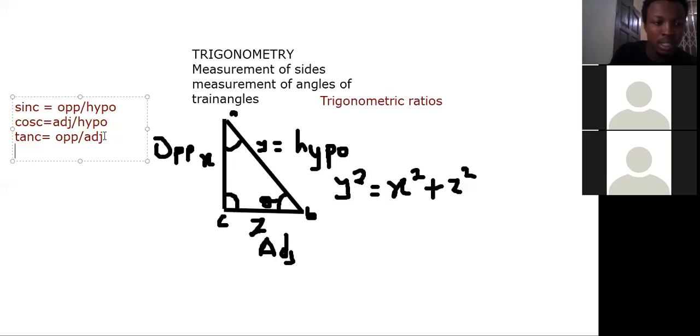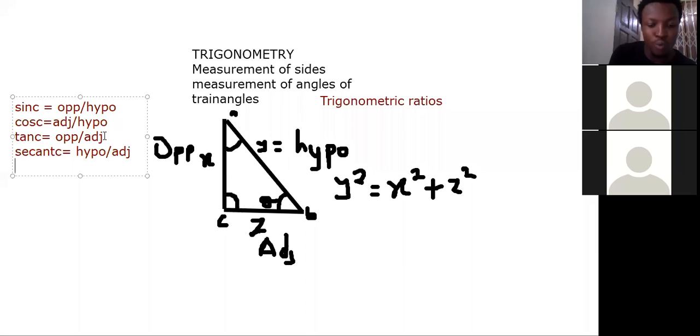After tan, we have something called secant, in other words sec. Secant is given by hypotenuse all over adjacent. When we finish, we are going to do all these things.